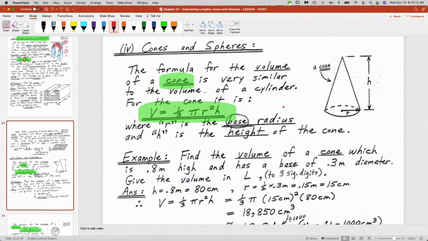But anyway, we'll go to some curved three-dimensional solids, and we have here a cone. The cone is a third of the cylinder. A cylinder, recall, was pi r squared h. With a cone, it's going to be 1/3 of the volume.